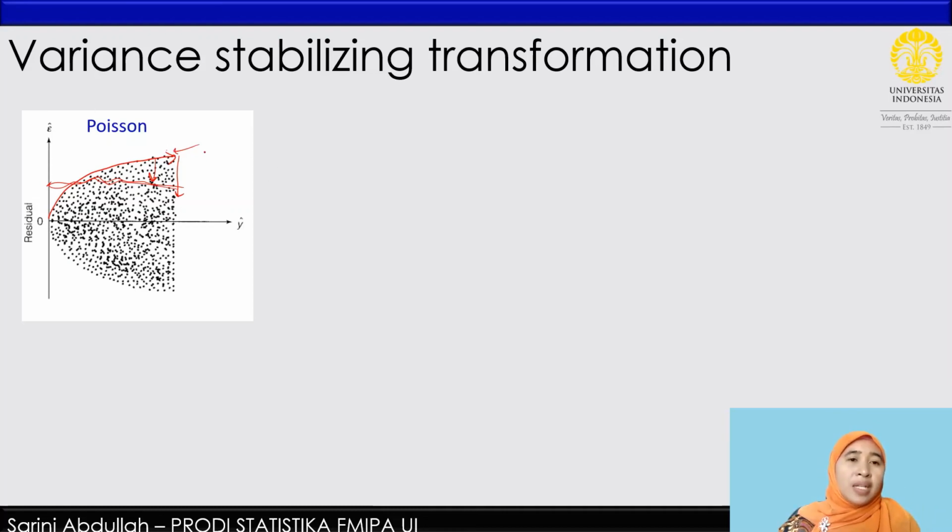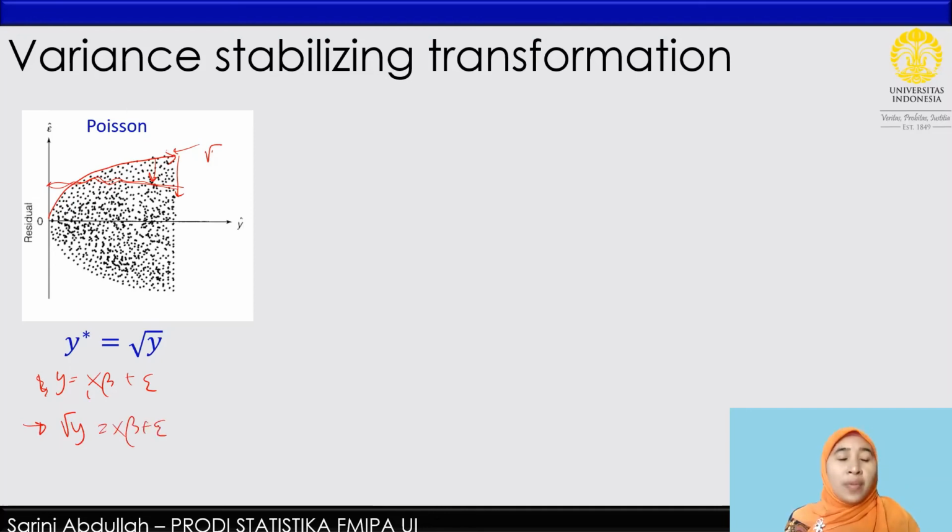And how to cancel it out? Then we have the square root transformation. So instead of having the model expected y equals x beta plus error, now we will propose the model square root of y equals x beta plus error if we have this kind of pattern in the residual plot.